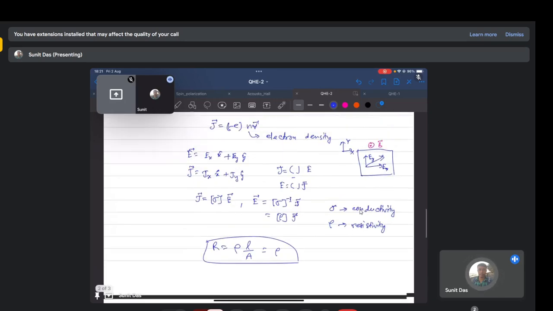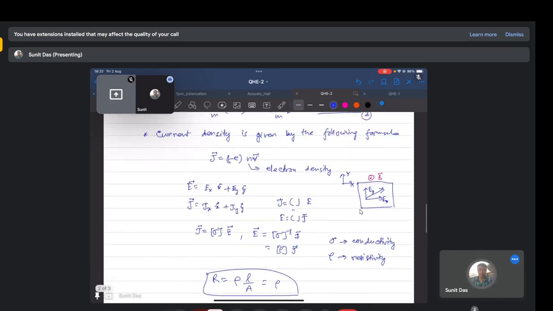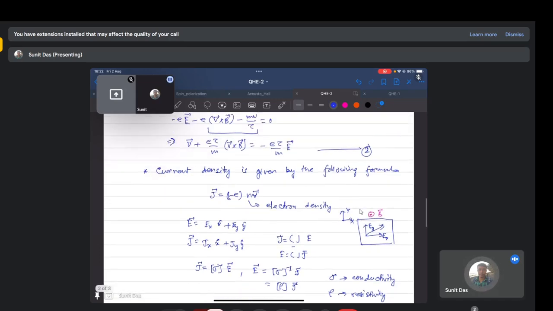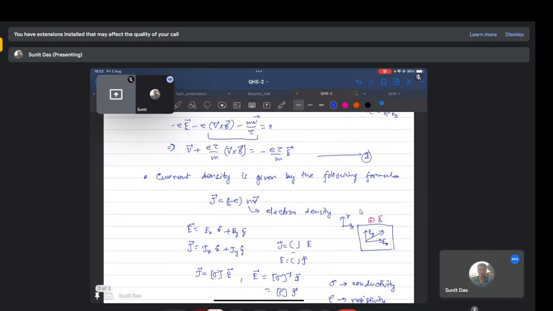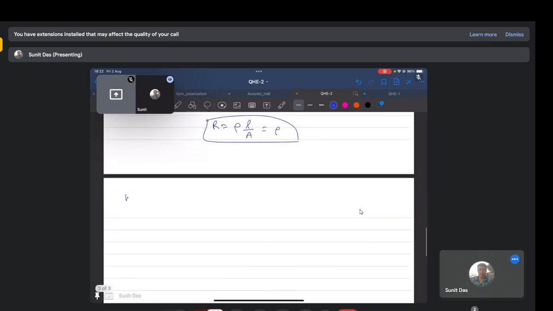But then let's come back to the initial point, where J is minus e n v. So what we can do is write equation 2 and equation 3 in matrix form.